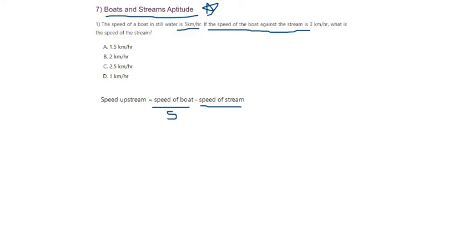The speed of the upstream over here is nothing but 3 kilometers, and the speed of the boat is 5 kilometers. They have asked what is the speed of the stream. This will be x. So in a simple formula, when you calculate 3 is equal to 5 minus x, you will get x is equal to 2 kilometers per hour.